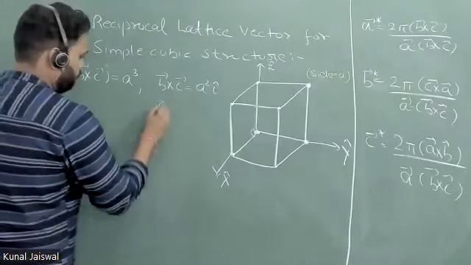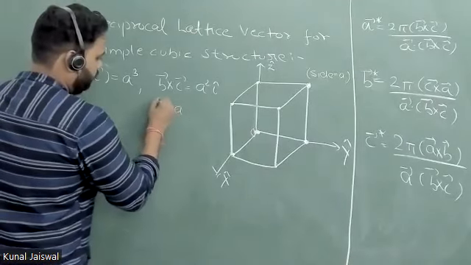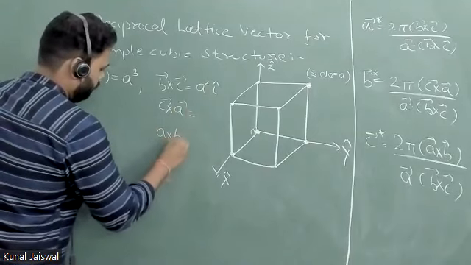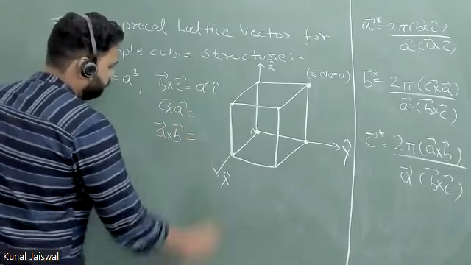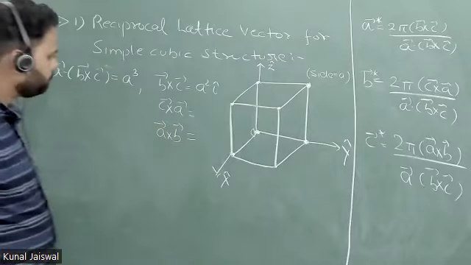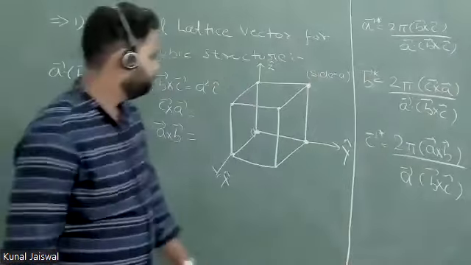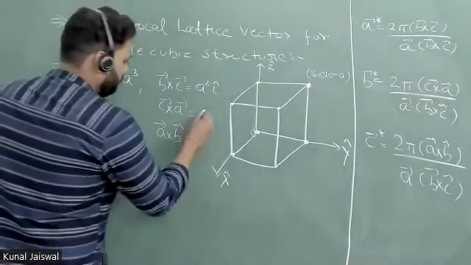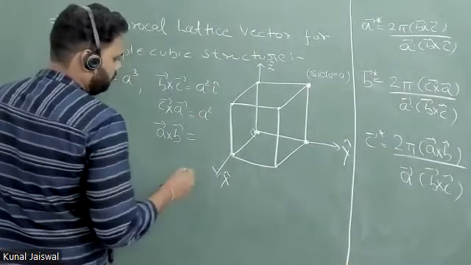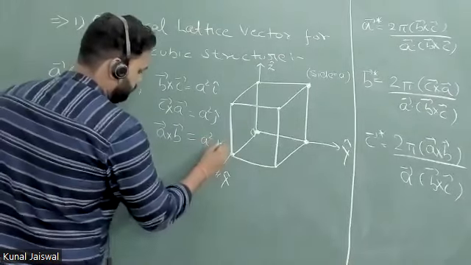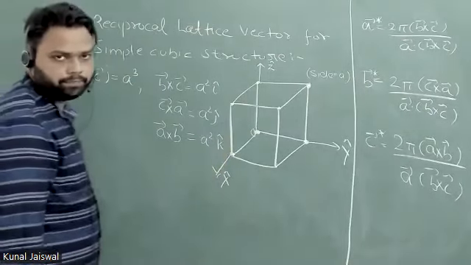Similarly, when you solve C cross A and A cross B, what will you get? Please tell me. When you solve C cross A, what will you get? A square j cap, and A square k cap. Clear?